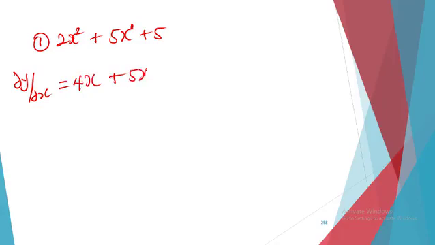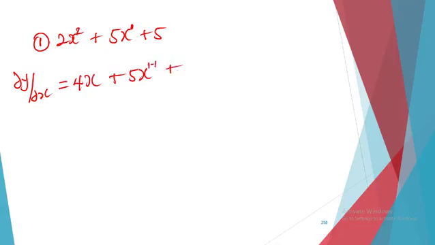Assuming we are given 2x squared plus 5x plus 5, our dy over dx is equal to 2 times 2 will give us 4. Write down your x. What's the power of x here? 1. 1 times 5 will give us 5. We have x raised to power 1 minus 1.